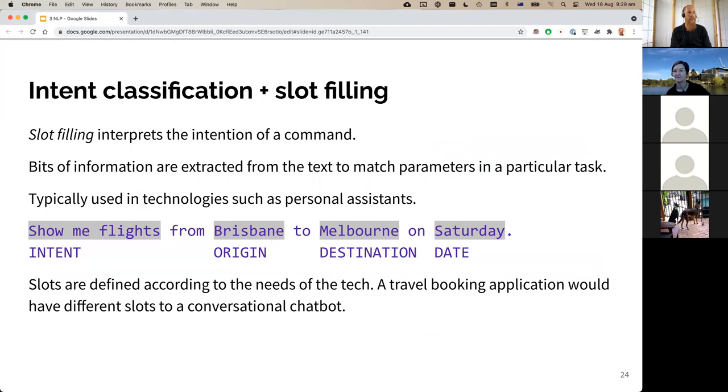Okay, so we're getting close to the end. The last couple of NLU techniques, natural language understanding techniques that we'll look at, intent classification and slot filling. This is a technique that's used a lot in virtual assistants, personal assistants, online booking systems, or speaking into a phone.